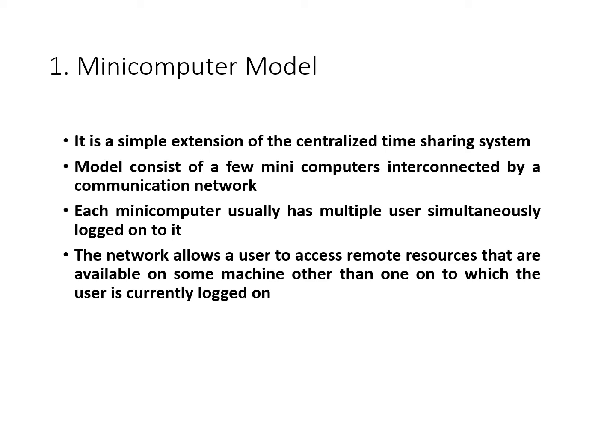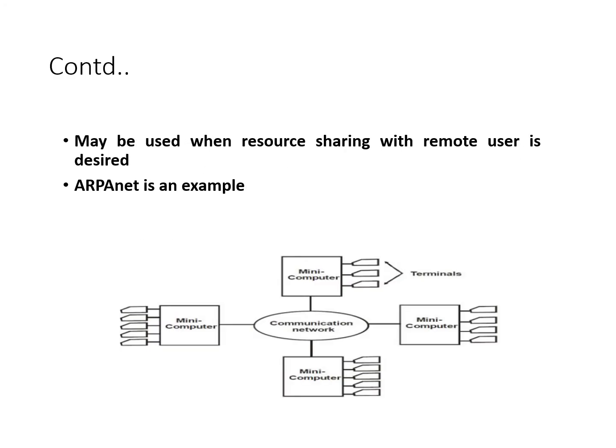This mini computer model can be used when resource sharing, like sharing of information databases of different types, with remote users is desired. An example for the mini computer model is ARPANET. Early ARPANET is an example of a distributed computing system based on the mini computer model.